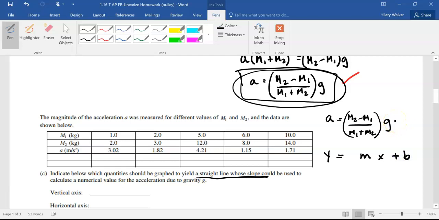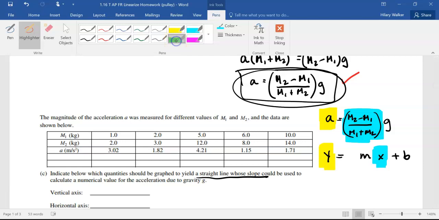Comparing the equations, the y variable is a, and the other variable, since we're changing m2 and m1, is x, which is this whole thing right here. Whatever we have left over, g, is going to be our slope. And there's no b, so this is essentially plus 0. So our b, or y intercept, is just going to be 0.